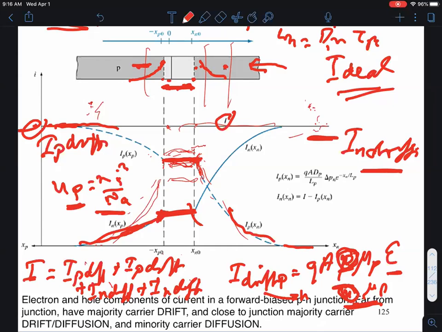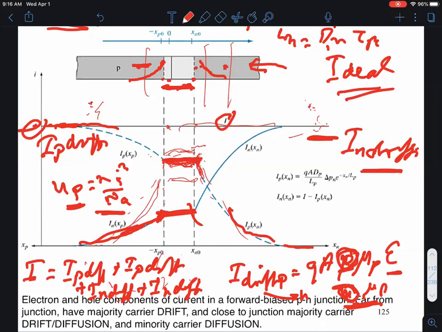So I have four components in general, but of the four, I can ignore the minority carrier hole drift current at this point. Therefore, the hole diffusion current is the same as the total hole current. That's point number one. If that's the total hole current, that must be the whole current going throughout the depletion region, because there's no generation recombination going on over here. Okay?